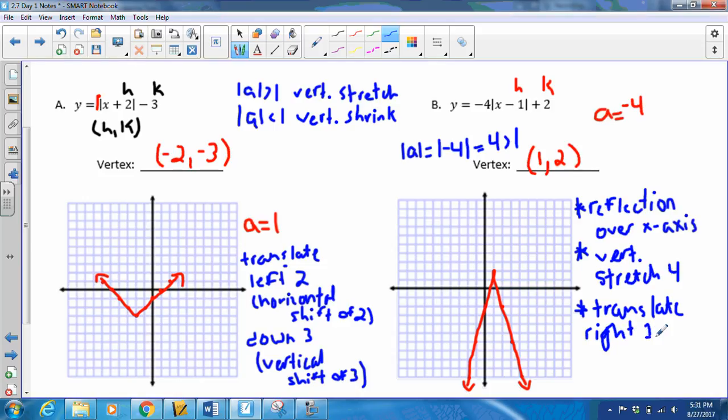Remember, horizontal means side to side, so you did a horizontal shift of 1. That's another way of writing it. And then let's see if we move up or down. So we translate right 1, and then we translate up 2. So I'm going to say up 2. Another way of writing this would be a vertical shift of 2. So you could say that as well. And basically that is all our transformations.